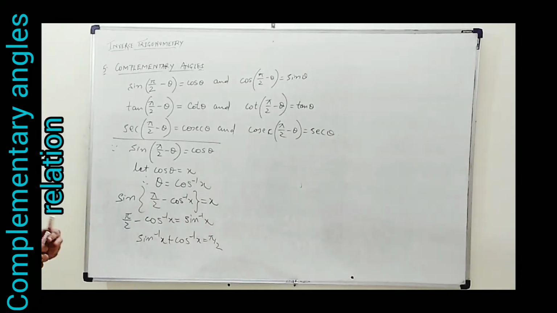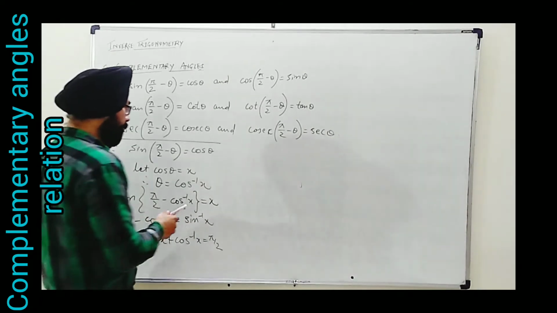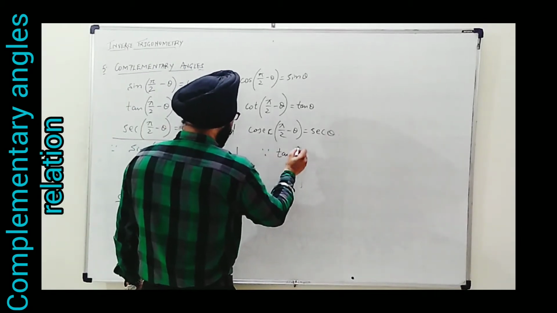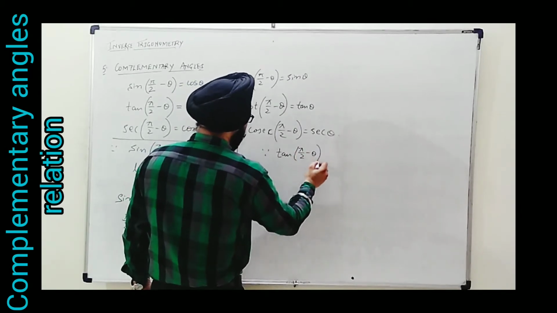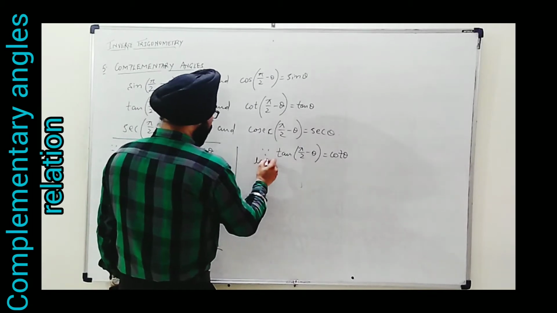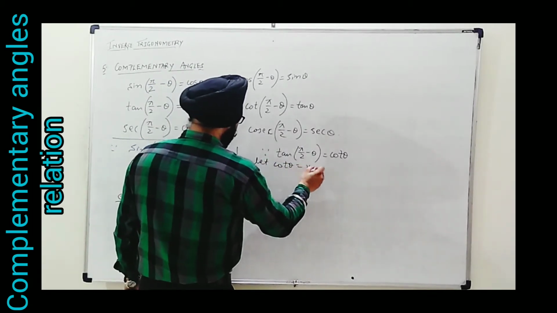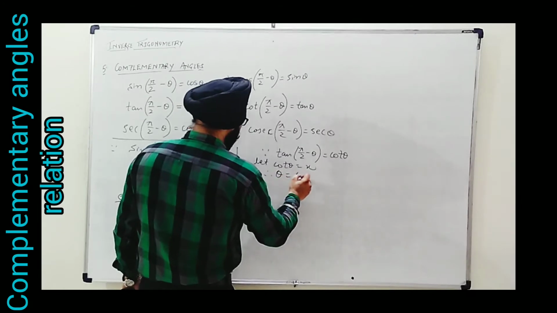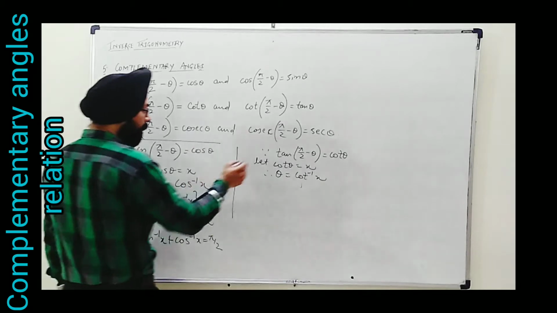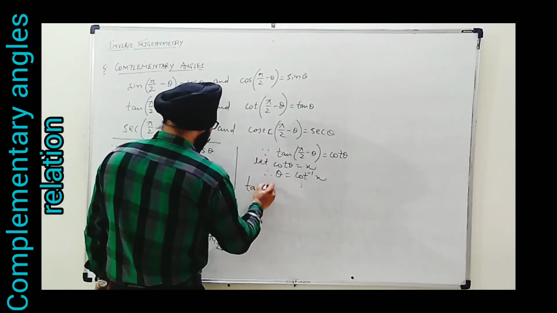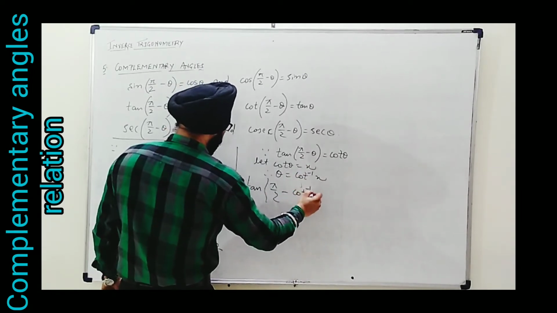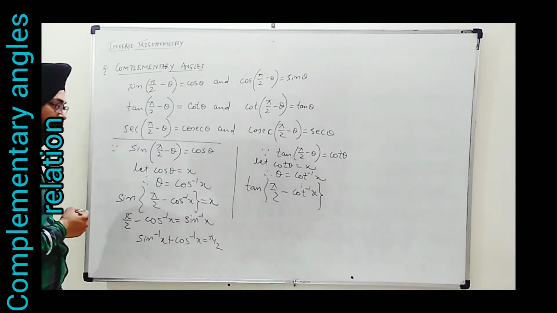Now for this identity, I am going to show the other pair, tan and cot. We can say since tan(pi by 2 minus theta) is equal to cot theta, we can prove this taking cot theta as x. Therefore, theta can be written as cot inverse x. I hope you understand. Next, from this relation, write tan(pi by 2 minus theta) replaced by the value cot inverse x.